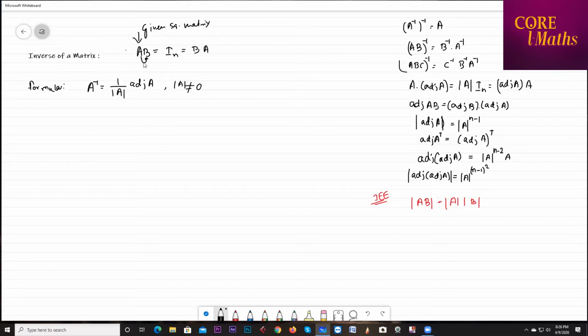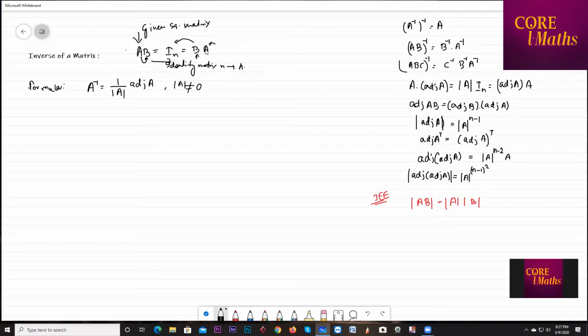If we multiply A with B, the value will be the identity matrix of the same order. N is also the order of A, right? And if we multiply B on the other side with A, the result will be the same. Then only can we say that A follows the property of invertible, right?